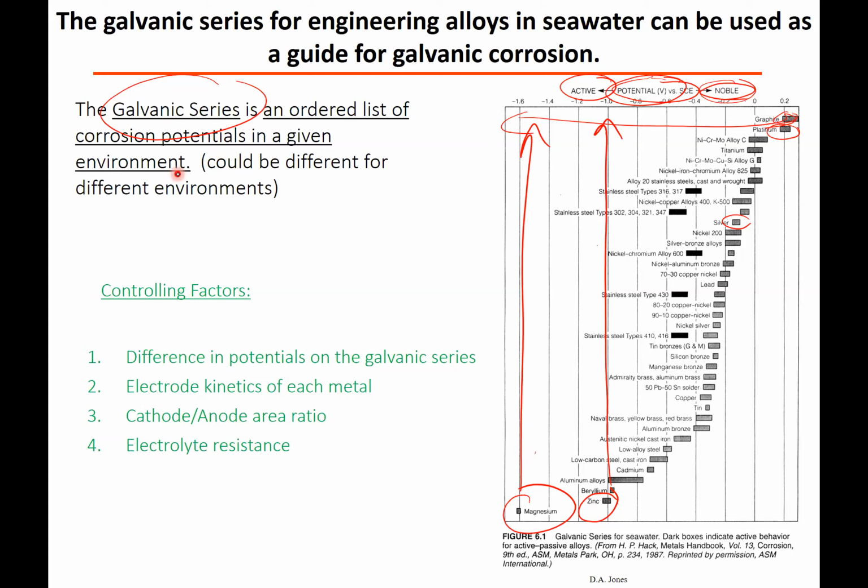in a given environment, right? So if it's seawater, this is a list for seawater. So if you have different concentrations, maybe it's not seawater, maybe it's water from a local river or what have you, and you have all these different concentrations of salts in this water, and you have some piping, and you want to know, is this going to corrode my piping and cause not only pollution, but ions that I wouldn't want to be consuming that are neurological toxins?